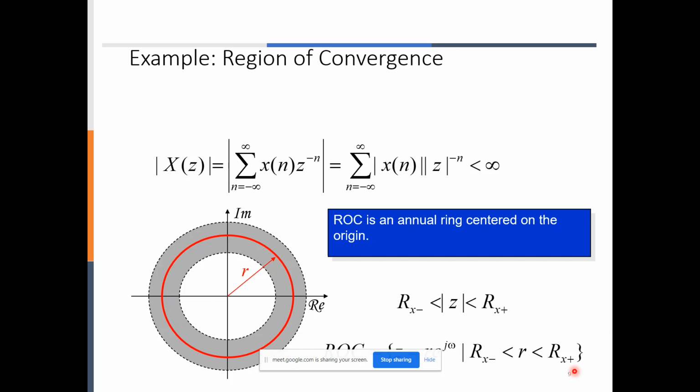So this is actually the region of convergence, this shaded portion. And what is the limit? The limit is from r_x minus to r_x plus. If this is the center, then this is r_x minus and this is r_x plus.